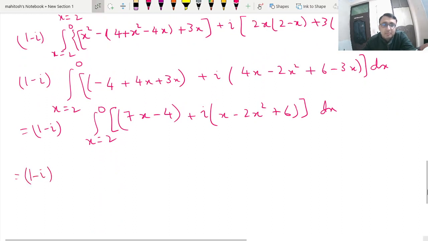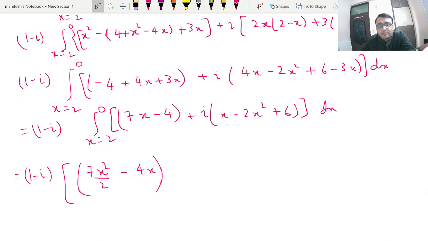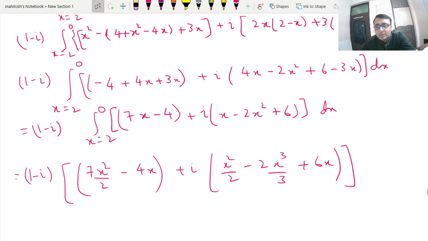This can be written as 1 minus i times 7x square by 2 minus 4x, plus i times x square by 2 minus 2x cube by 3 plus 6x, and this runs from 2 to 0.